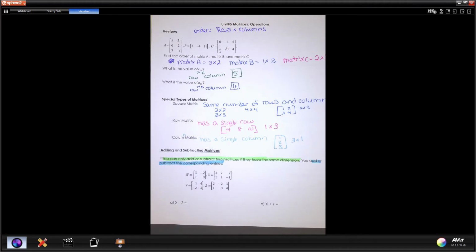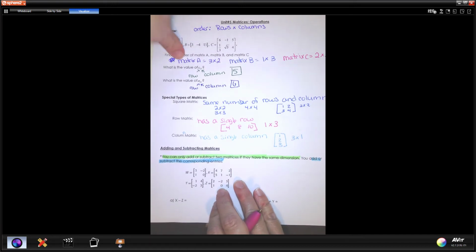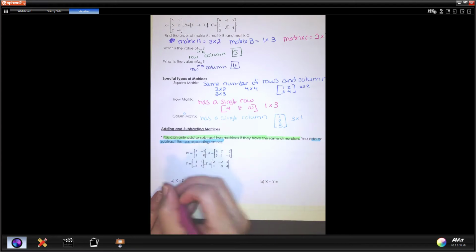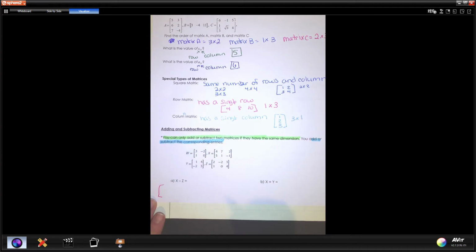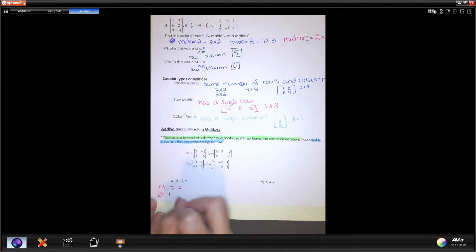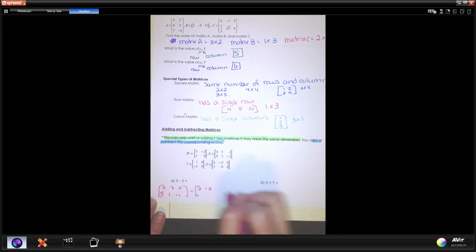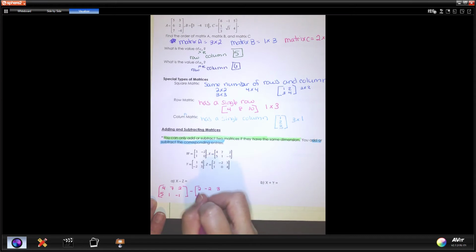So for example, if I have matrix X minus matrix Z, scooch this up. There we go. So matrix X minus matrix Z. Matrix X happens to be 4, 7, 2, 5, 1, -1, minus matrix Z is 2, -2, 3, 1, 0, and 4.